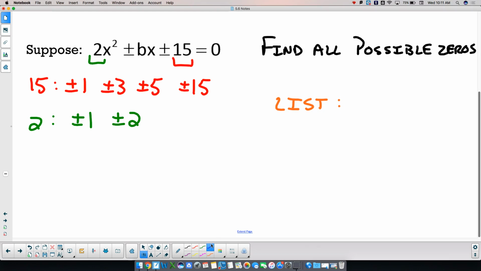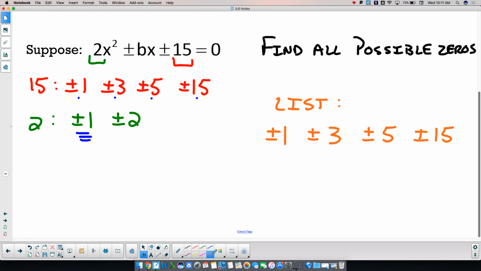For my list, I'm going to take each of the red factors and first divide it by the first green factor. So 1 divided by 1 is 1. 3 divided by 1 is 3. 5 divided by 1 is 5, and 15 divided by 1 is 15.